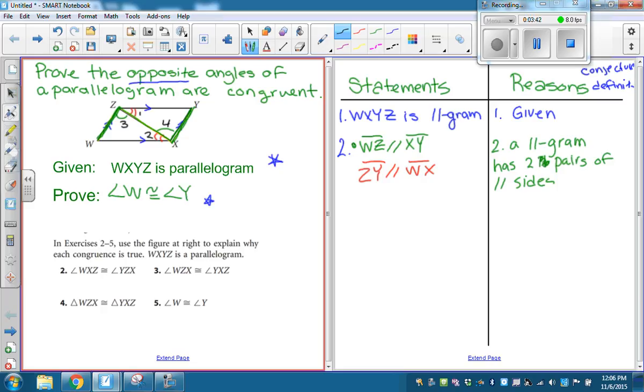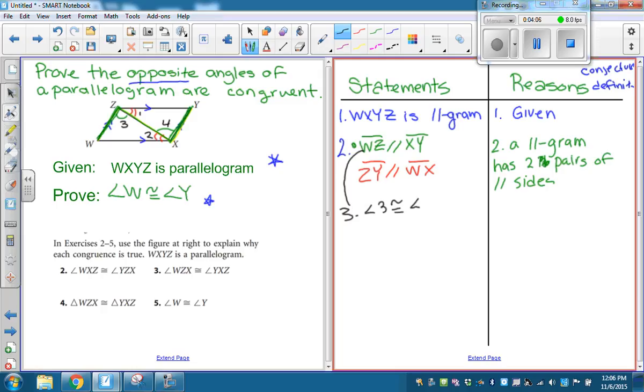Don't add numbers in, because everybody will add in different combinations and it's hard to follow. So do you see the green, this one right here? That tells me 3 and 4 are congruent. Can you see that? So because of this, I know that angle 3 is congruent to angle 4.